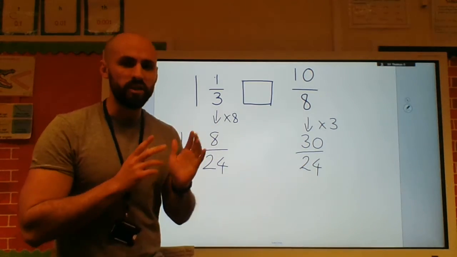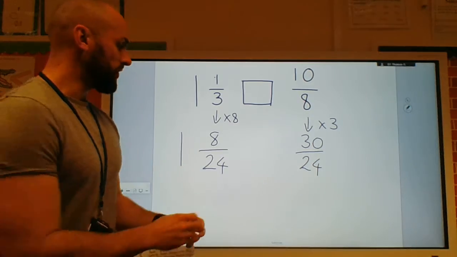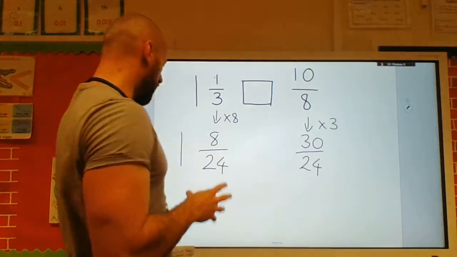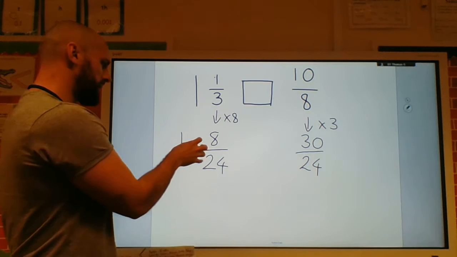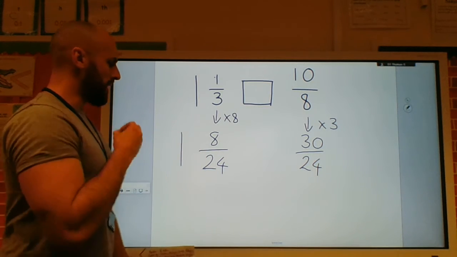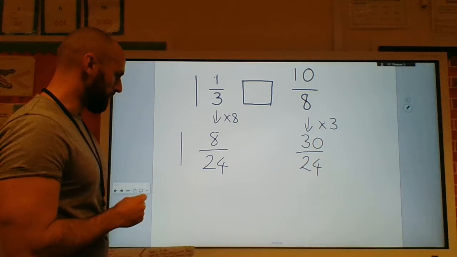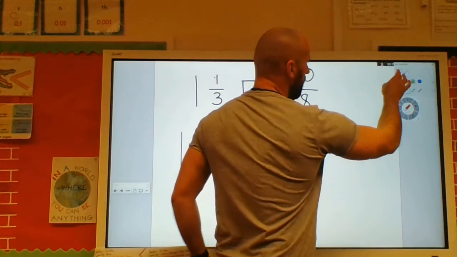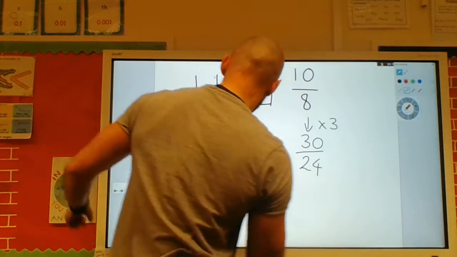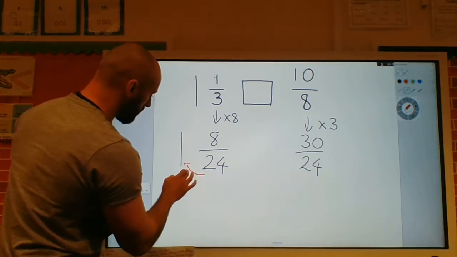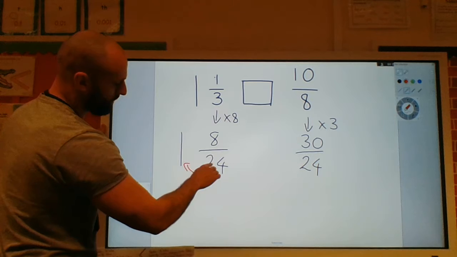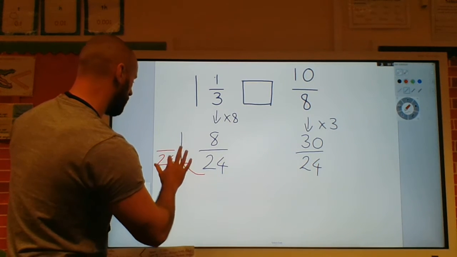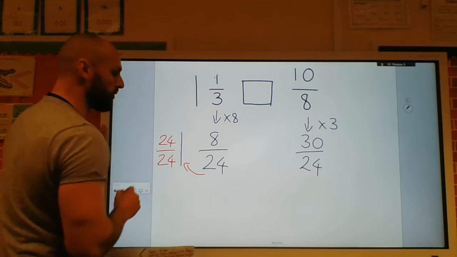And here I've got a decision to make. I can either convert this into a mixed number, or I can convert this into an improper fraction, and that's the one I'm going to choose to do. Because I know that the one whole, well, that shows me how many parts there are to the whole, is going to be worth 24 24ths.